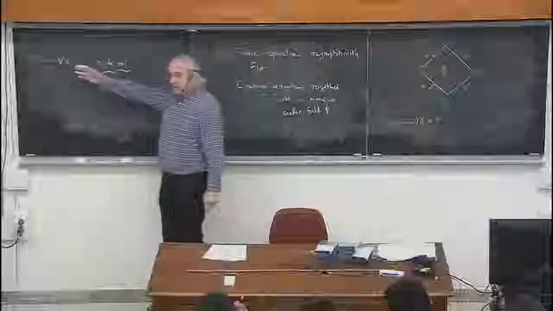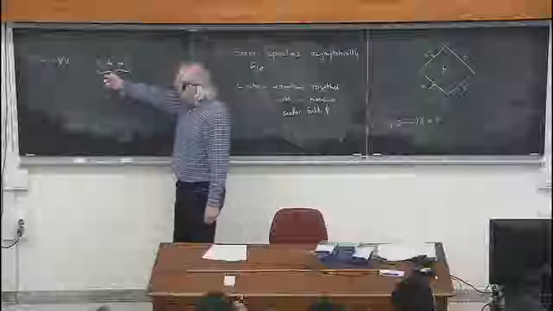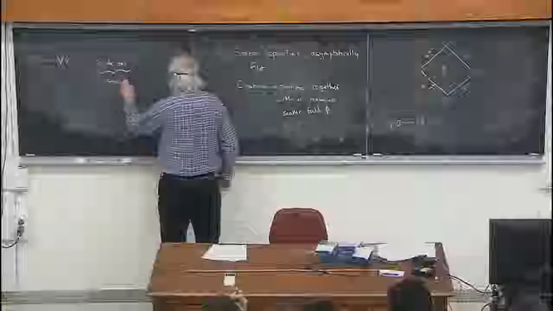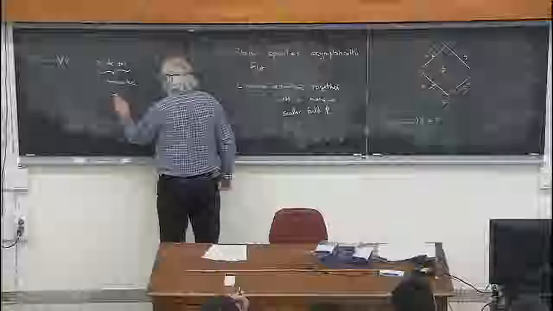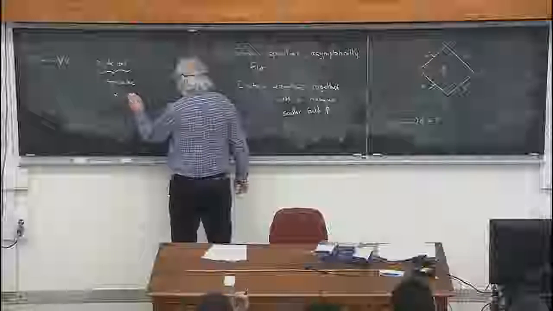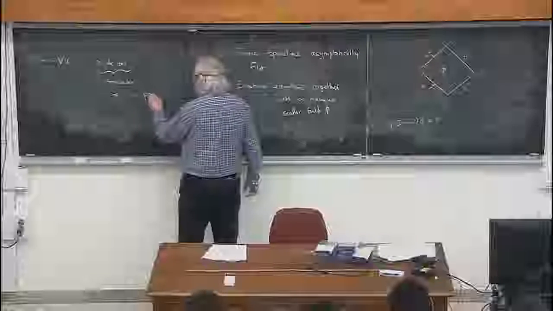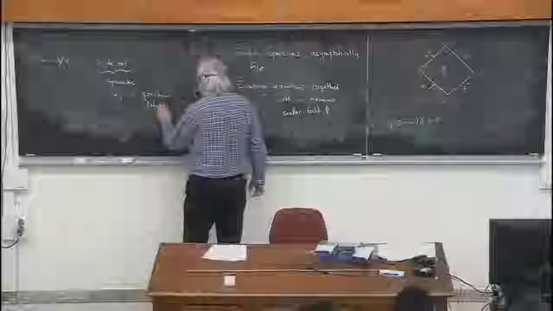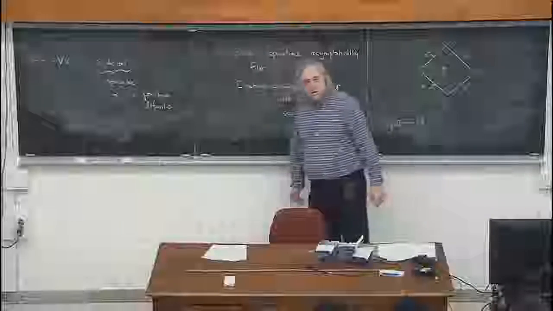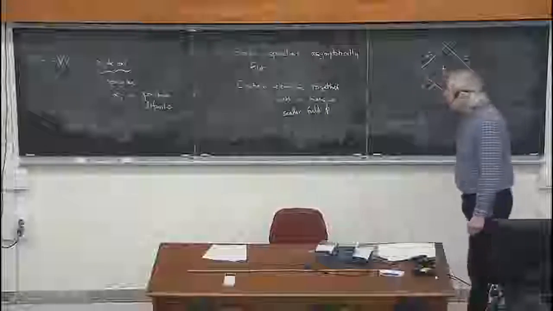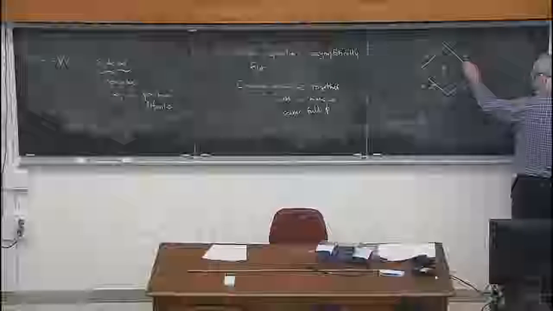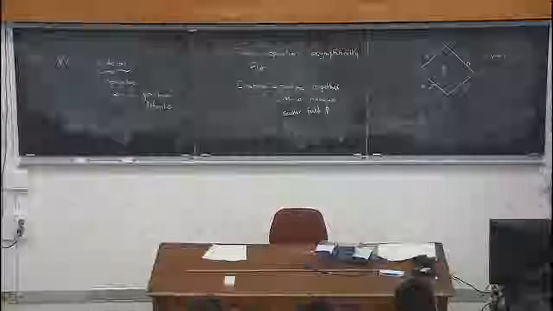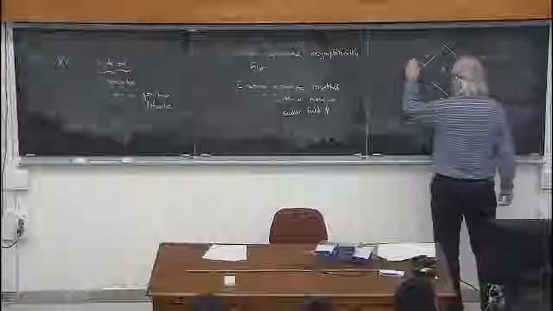So the time-like direction is entirely here, and this is entirely space-like. That means that gamma_ij is a positive definite matrix. At infinity, v is going to be tending to minus 1. On the horizon, v will be tending to 0.